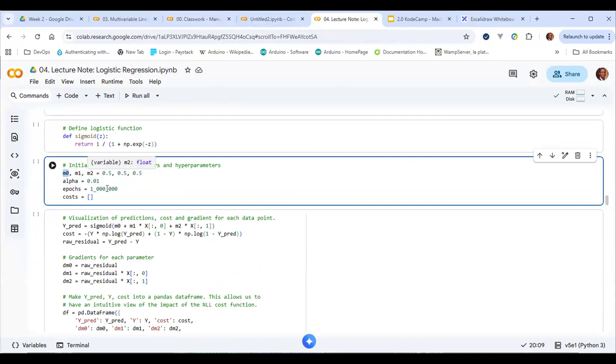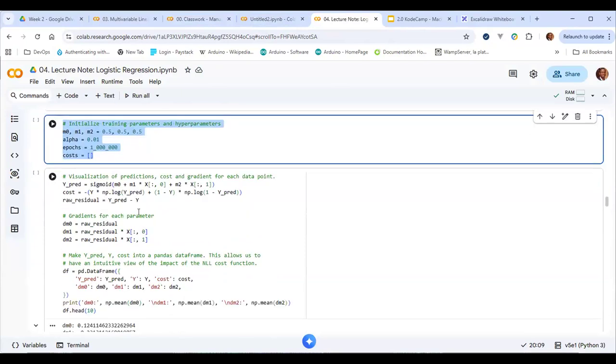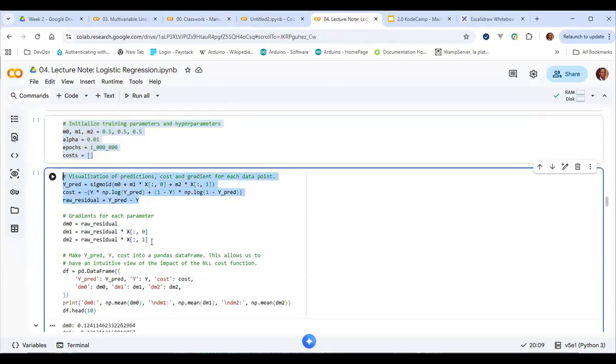Everything else is the same. But here you can see that we were calculating each gradient separately. This one didn't have the x because, of course, it's a constant. This one has the first x, which is x0, and this one has the second.